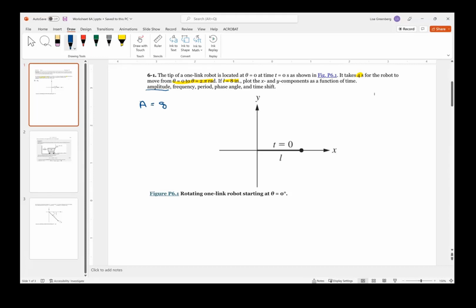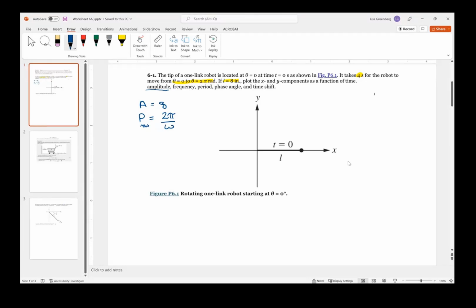Frequency, let's wait for frequency because we can find the period. So the period is going from 0 to 2 pi. So we want to find our new period, right? So it takes 4 seconds for the robot arm to move that far, right? So that means it's going to be over omega. We're going to use omega because now we're talking about things from our book.